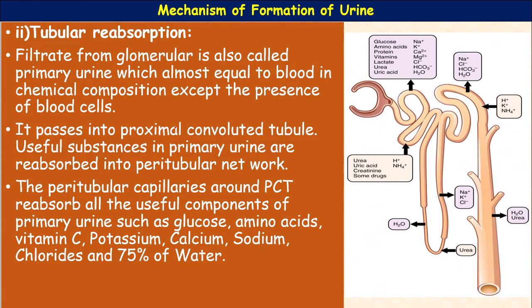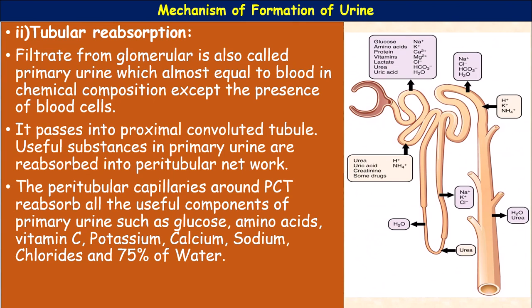Okay, the important substances like glucose and amino acids are reabsorbed actively. So here you see the two types of absorption take place. I said active absorption. These are the substances which are absorbed. This is the entire proximal convoluted tubule, from here to here. This is the distal convoluted tubule and this is the loop of Henle.